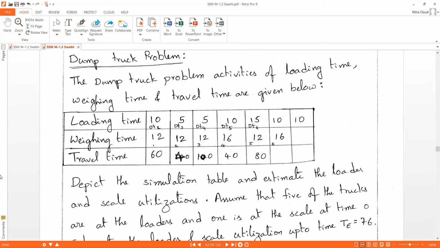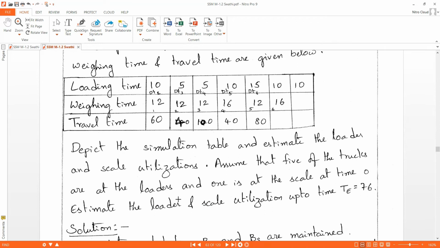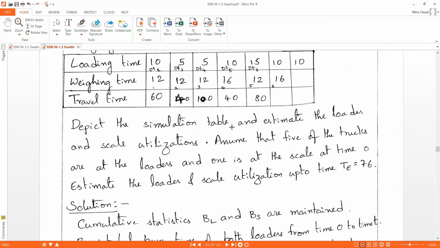Next, the travel times are given like this: 60, 40, 100, 40, 80. Understood this? Next, depict the simulation table and estimate the loader and scale utilizations.